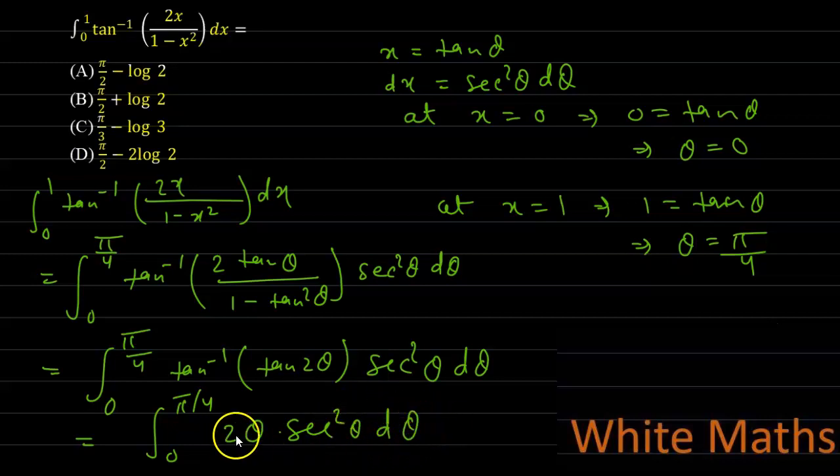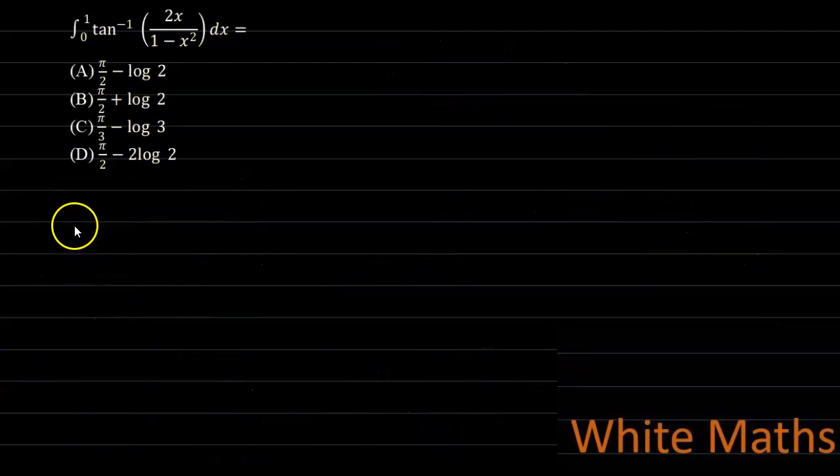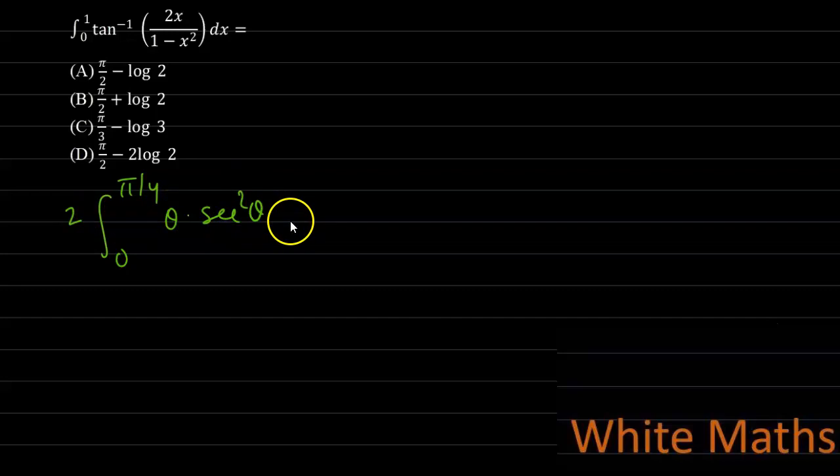Now take 2 outside, then this will become 2 integral 0 to pi by 4 theta sec square theta d theta. To solve this integral, use the following: suppose u and v are two functions. Suppose this is the first function and this is the second function.